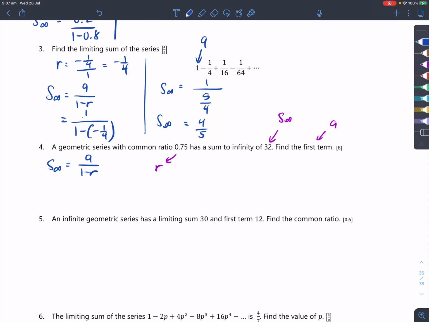Now, our sum to infinity is the number 32, so replace that by 32. a is something we don't know, the first term, and the ratio is 0.75. By replacing that in and simplifying our denominator, we get 32 equals a over 0.25, and multiplying that over gives us a being the number 8.